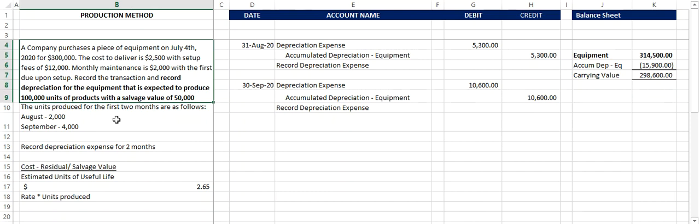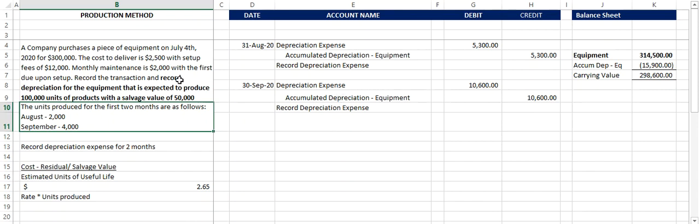But because it was only 100,000 units estimated to come from this piece of equipment, using up 2,000 in August and 4,000 in September, that's already 6,000 units used. It's probably going to get used up fairly quicker than under the double declining and, let's say, straight line, which were 20 years. So based on this information, I would expect that this is going to be fully depreciated before 20 years.